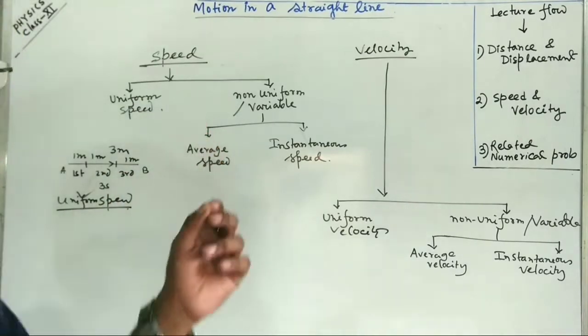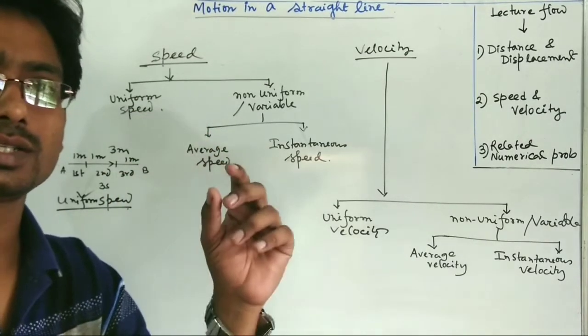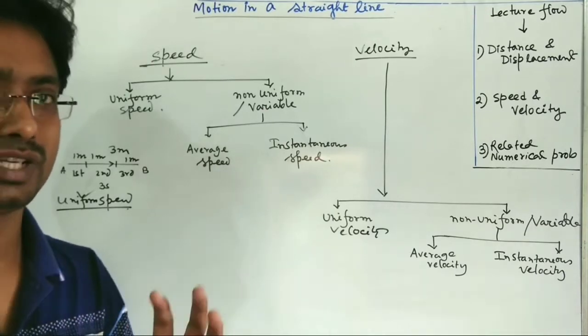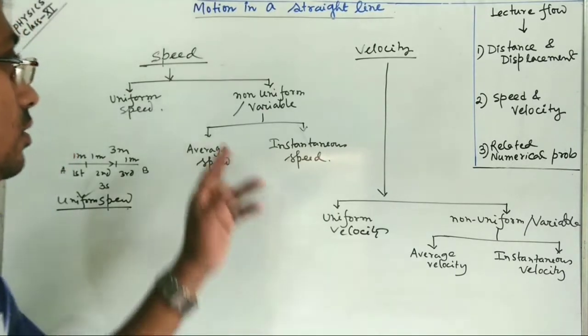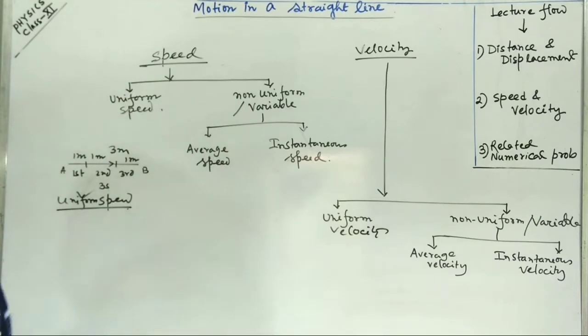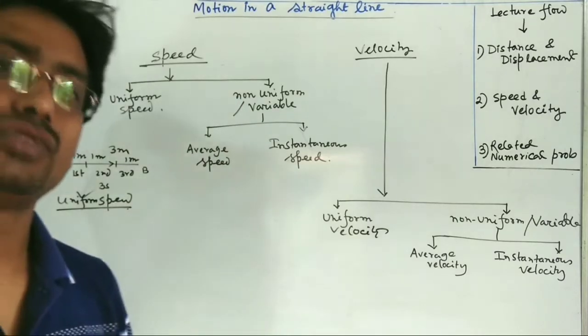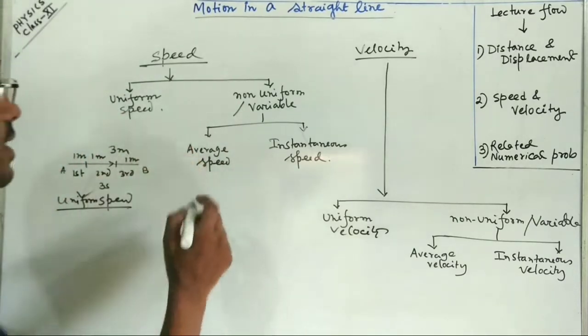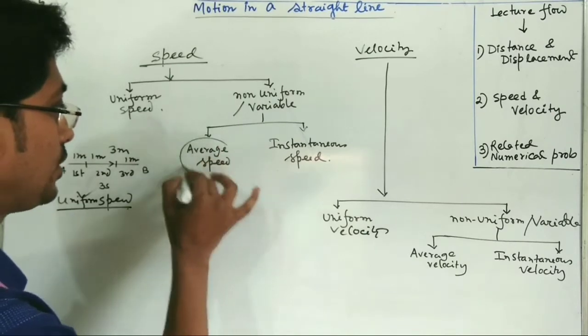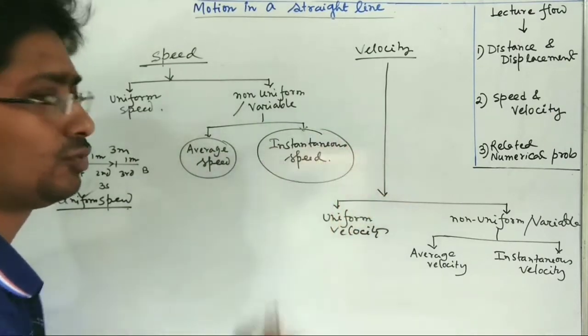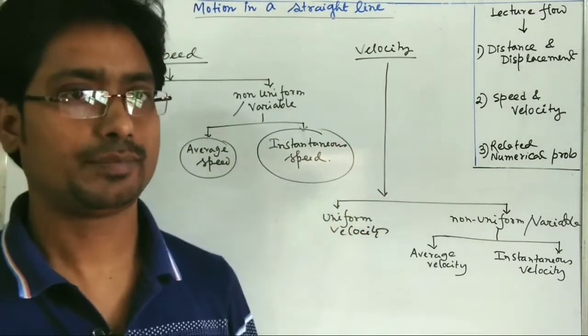If a body moves unequal distances in equal intervals of time, then we call the body's motion non-uniform or variable. In that case, the two physical quantities, average speed and instantaneous speed, will appear.